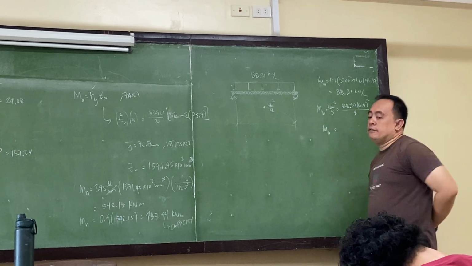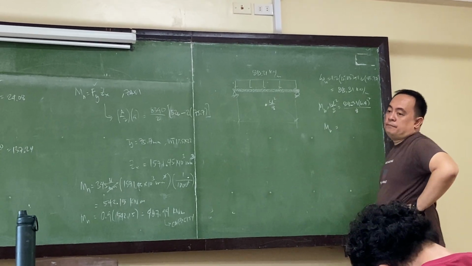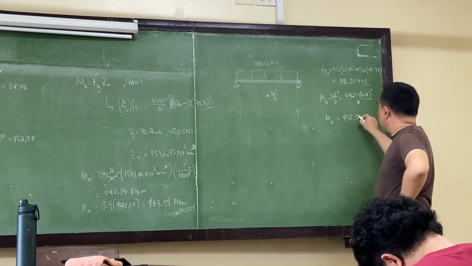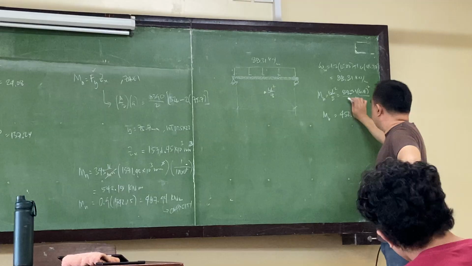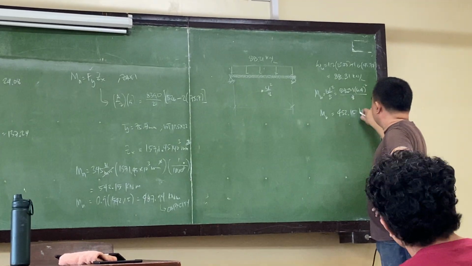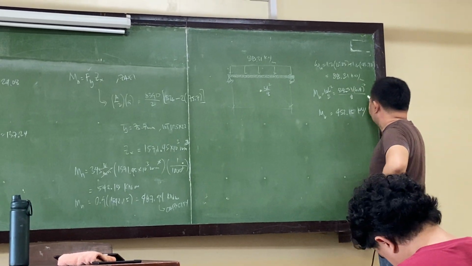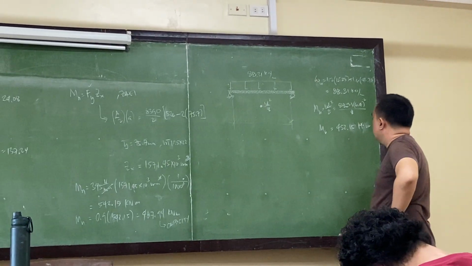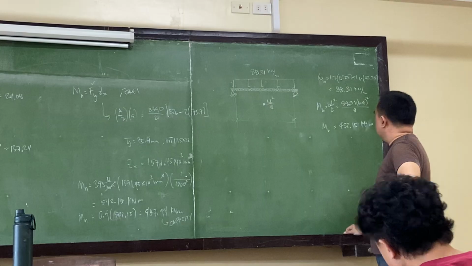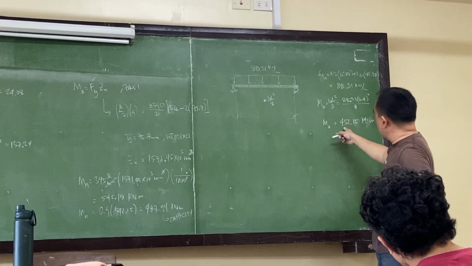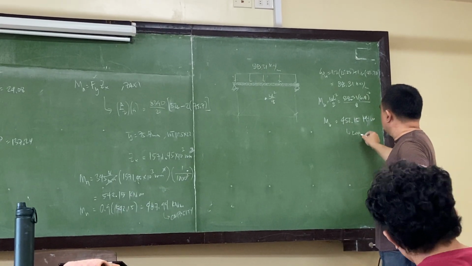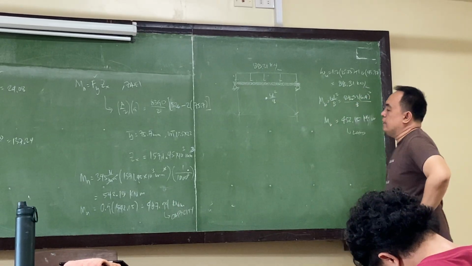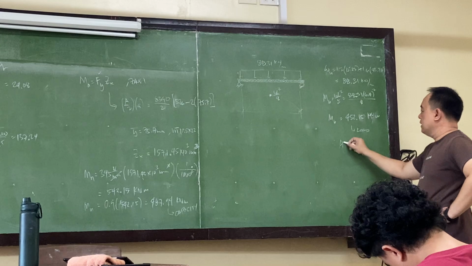Mu is 452.15 kN-m. Okay, so 454 is the load, but the capacity is 487, so therefore it's adequate.